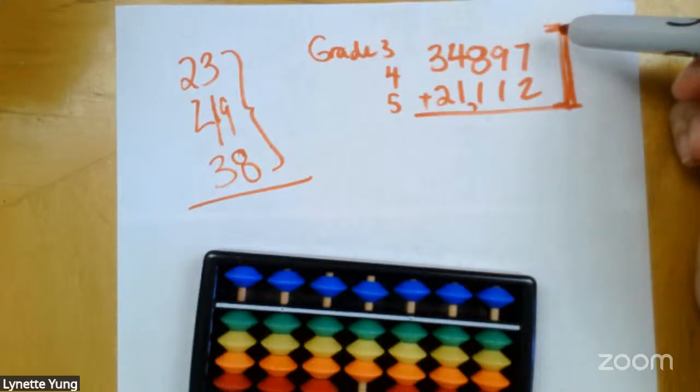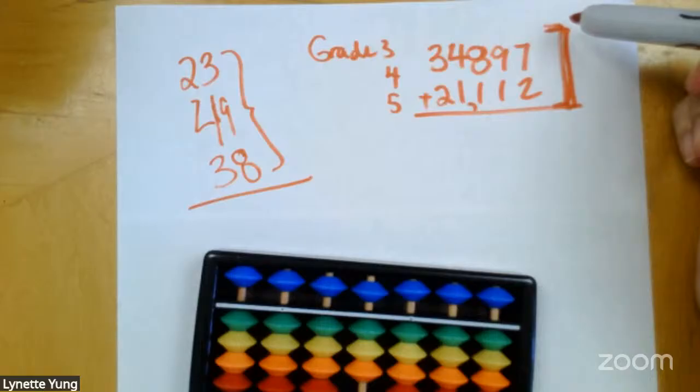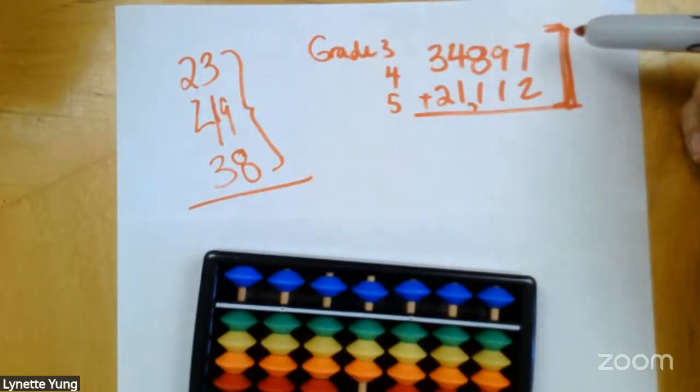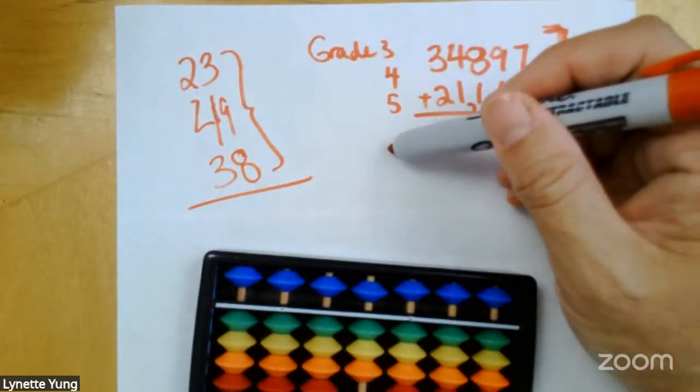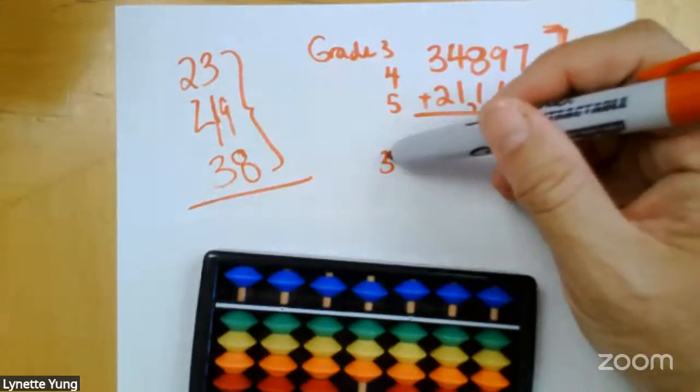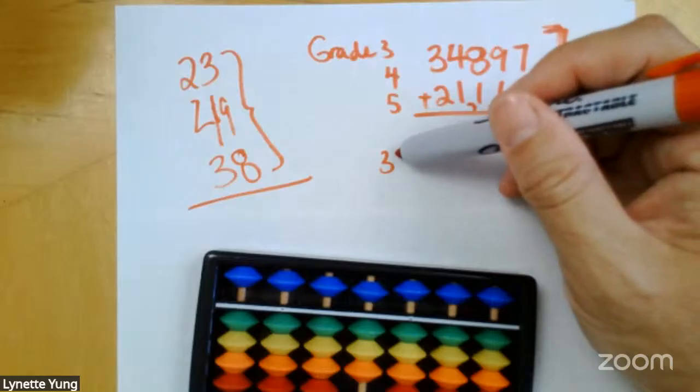Oh, okay. I noticed that in the second grade third book, you're focusing on the chaining equations. Yes, the third book focuses on chaining equations, but it's only 3 digits and 4 digits.